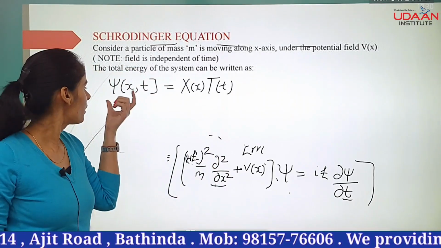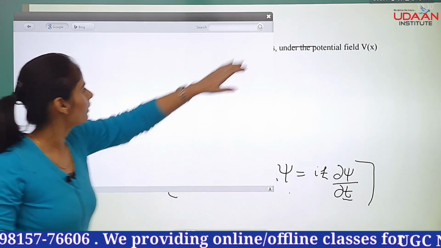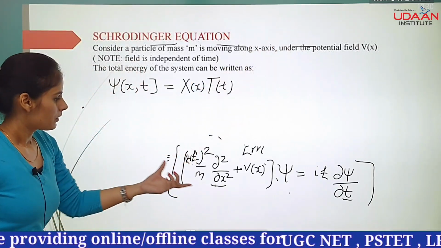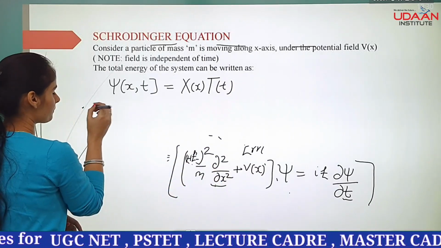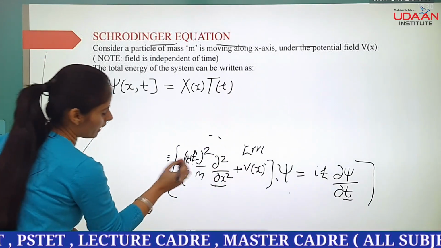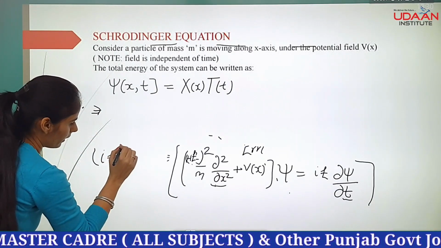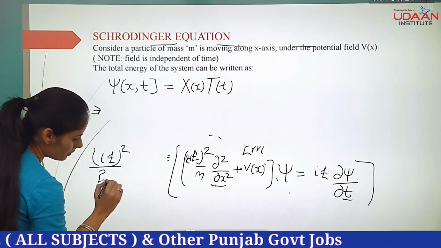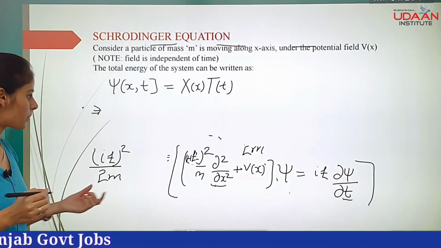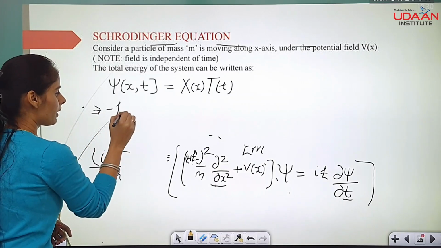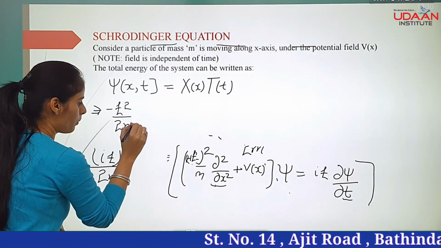We are just trying to have some values of psi so that we can put them over there. So after putting these values in this equation, here we have iota square, which is minus 1, h bar square divided by 2m.